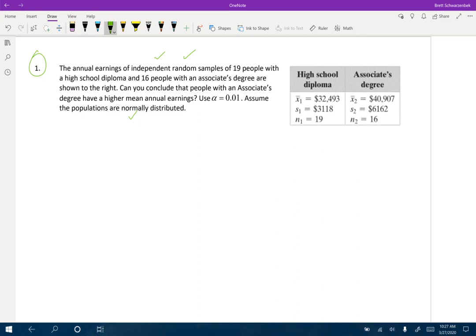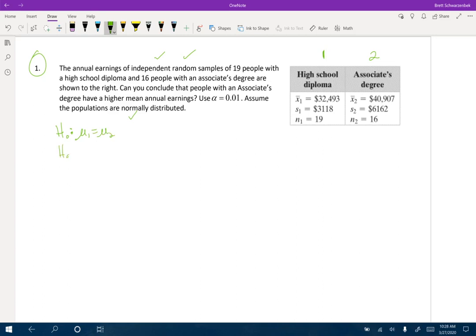We're basically comparing the earnings for people who just have a high school diploma versus students who have moved on to an associate's degree. All right, so again, this is our second population. Start with the null, which is always the same. It's that the two population means are identical for this scenario.